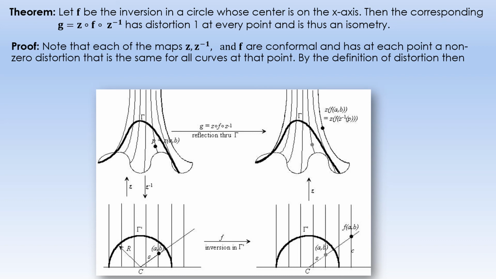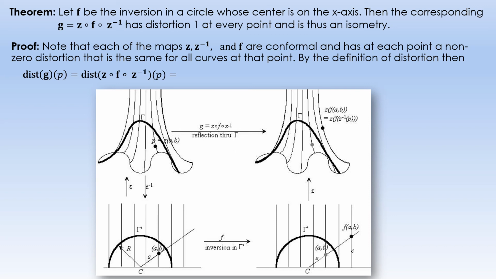Note that each of the maps Z, Z inverse, and F are conformal, in other words, they preserve angle measures, and have at each point a non-zero distortion that is the same for all curves at that point. Then, by the definition of distortion, we have that the distortion of G at P is equal to the distortion of Z of F of Z inverse at P.